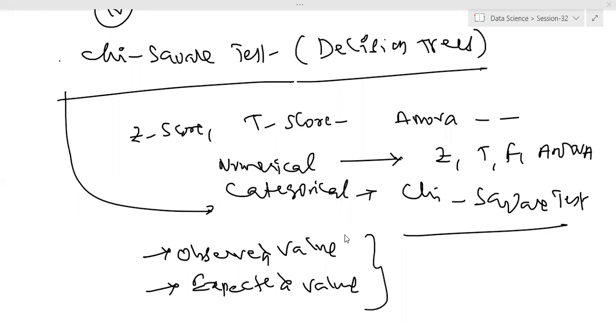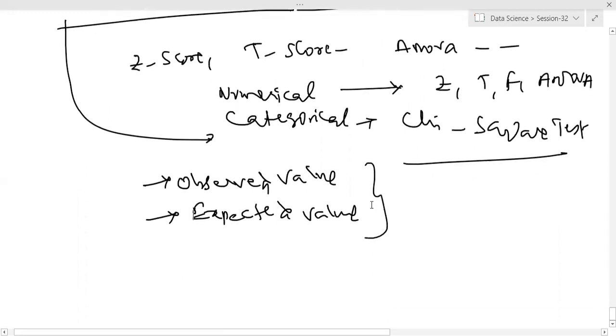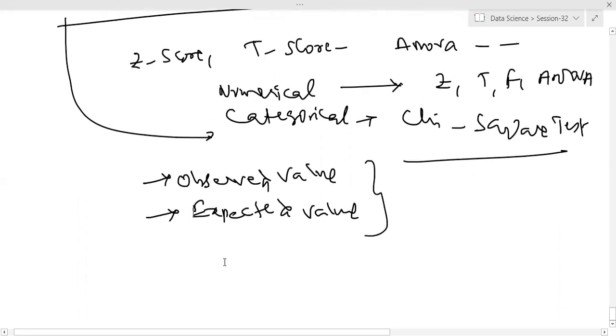Expected means existing, right? Observed is what our outcome is. Observation means we are observing, we are generating, whereas expected means already there. Expected means something is already in our mind, and we stick to that.